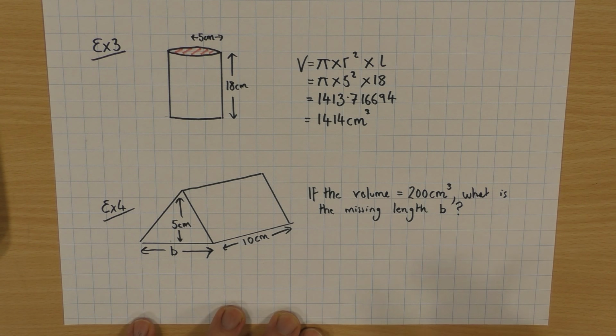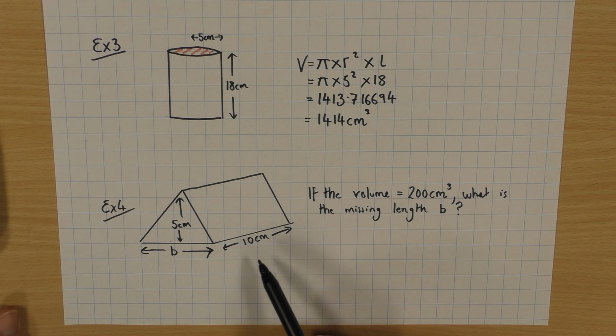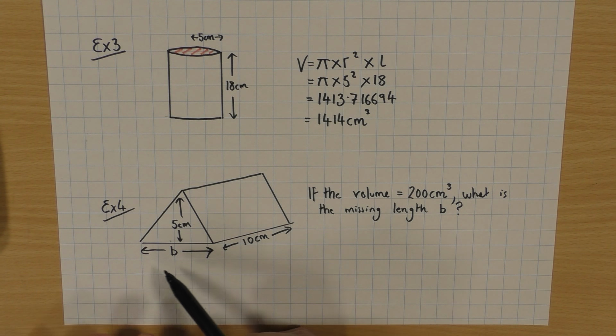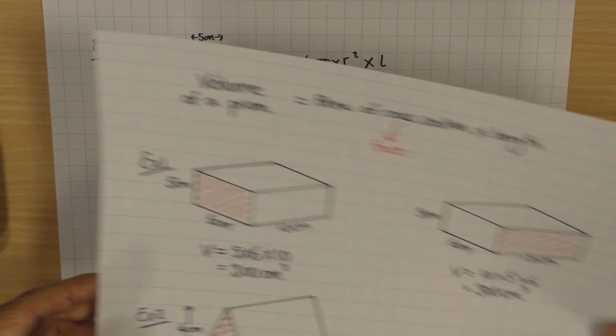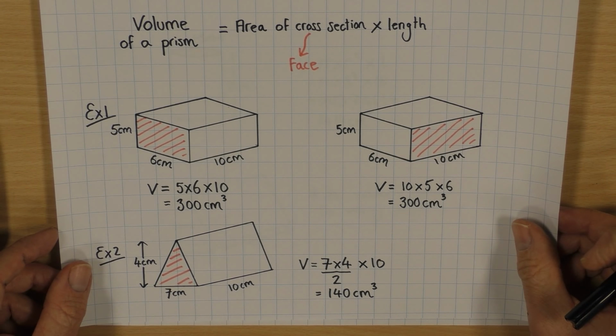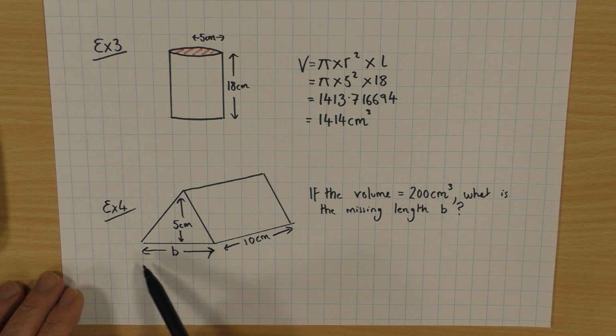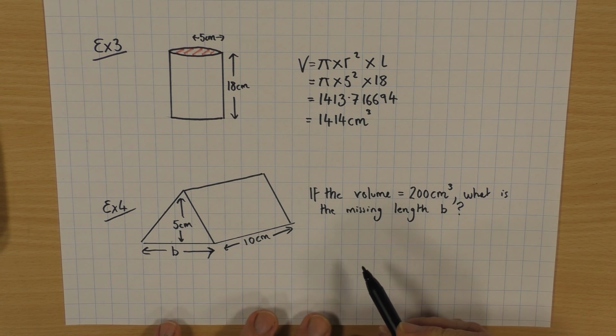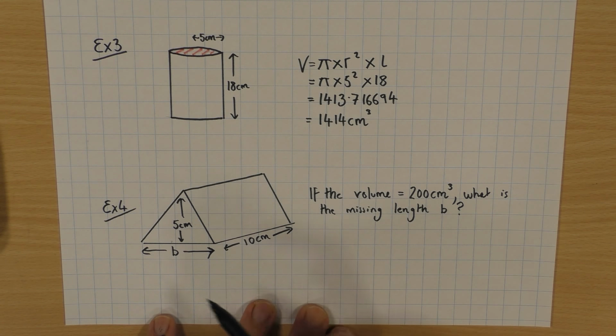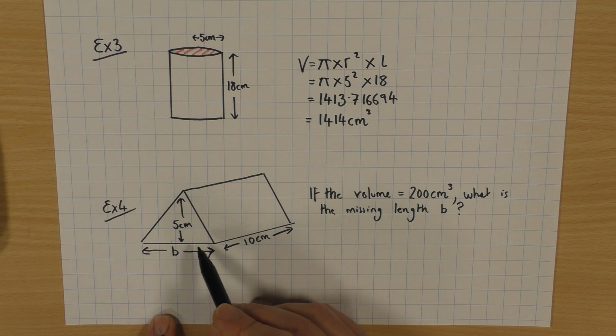Right, and finally, you sometimes get an example like example 4, which says if they gave you the volume, the answer if you like, what is the missing length B? B for base in this case, so it's the same formula as we saw in example 2, which was a triangular prism. But this time we're going to try and work out the base of the triangle. So using that, area of the face times the length, the area of the face this time is a triangle.